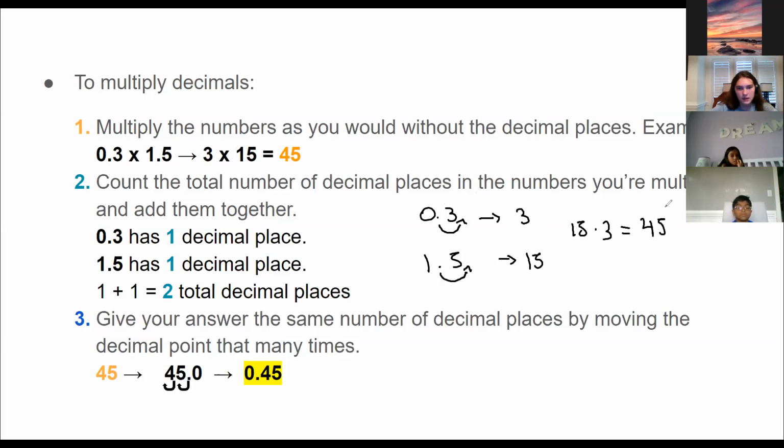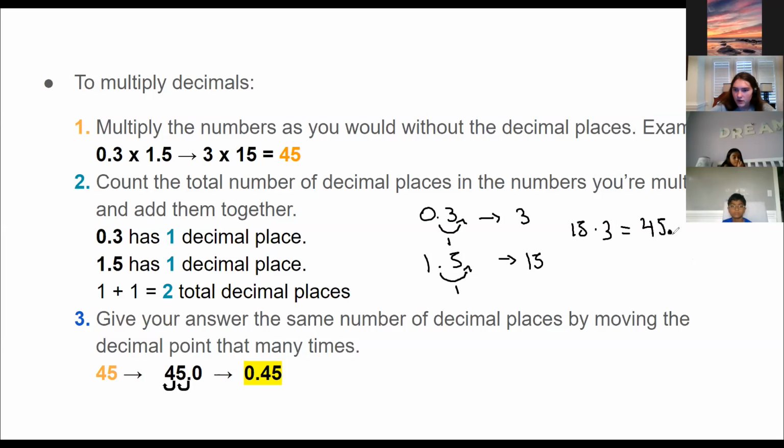But it's not done yet. What we need to do next is count the decimal places that we took away and add them back. So we have one decimal place that was moved here and one decimal place that was moved here. So we put it back here, because truthfully, there's always a decimal place.